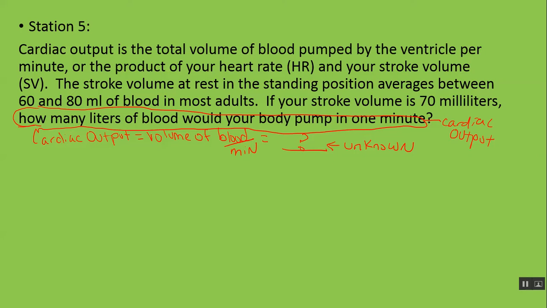All right, so let's go back. Cardiac output is the total volume of blood per minute. And then it goes on to say it is the product. Now, I'm going to go ahead and write CO for cardiac output just to abbreviate it. So cardiac output, or CO, is the product of your heart rate, which it writes as HR, and stroke volume. Now remember, product really just means times, right?